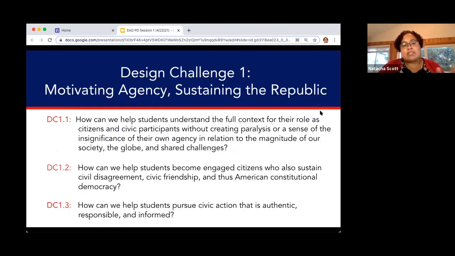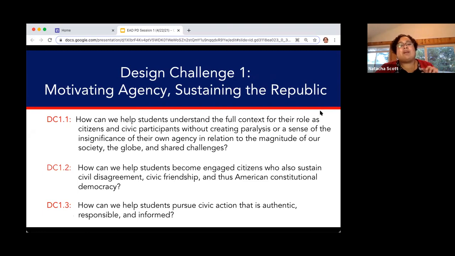When we think about design challenge number 1, motivating agency, sustaining the republic, there are 3 core driving questions. How can we help students understand the full context of their role as citizens and civic participants without creating paralysis or a sense of insignificance of their own agency in relation to the magnitude of our society, the globe, and shared challenges?